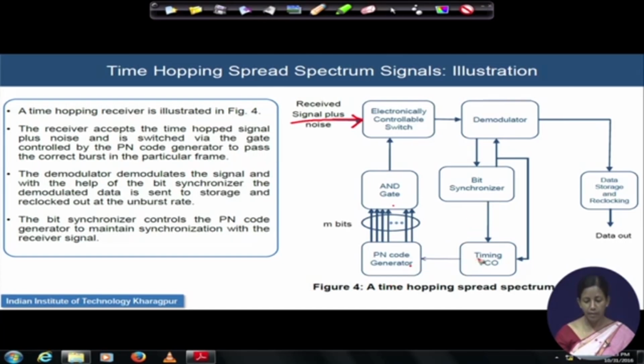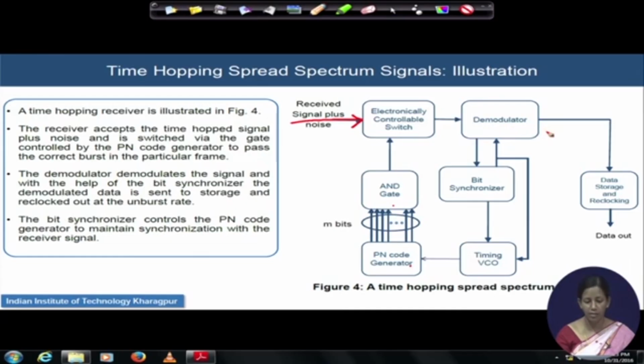So, the signal is received, your bit synchronizer and timing VCO will be in sync, and they will trigger the PN code generator, which will generate the code. The AND gate will help to choose based on the code generator, and will allow the selected burst section of the incoming signal to enter into the demodulator.